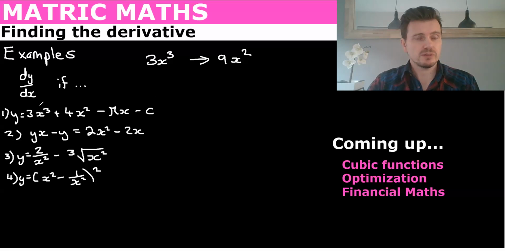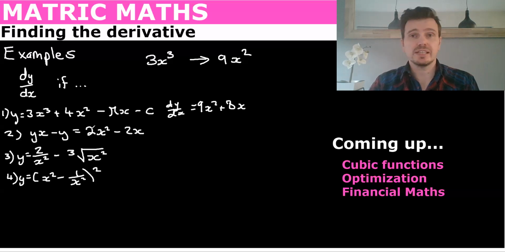So for the first one, we already know that the derivative dy over dx of 3x cubed, we've done it above, is 9x squared. 4x squared, well, 2 times 4 is 8. 2 minus 1 is 1. And then when there's a pi, it's just a number.